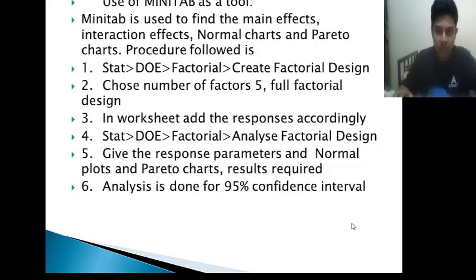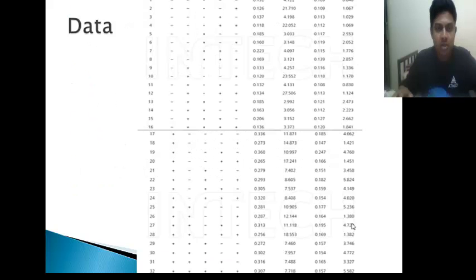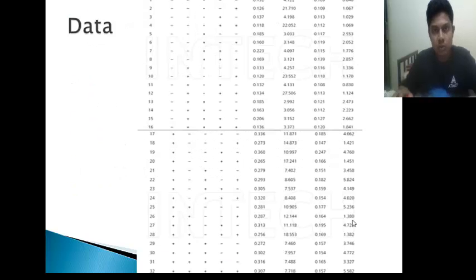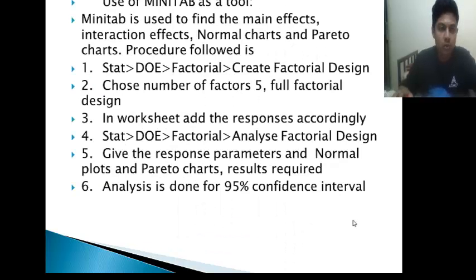In that factorial design, we give the required parameters, like the number of factors being 5 and a full factorial design, and so on. Then in the worksheet, we get the experiment design. We need to fill in the columns with all the variables from this data. So we get 4 other columns, and these are to be named accordingly, like Q10, Q13, Q18, Q22.